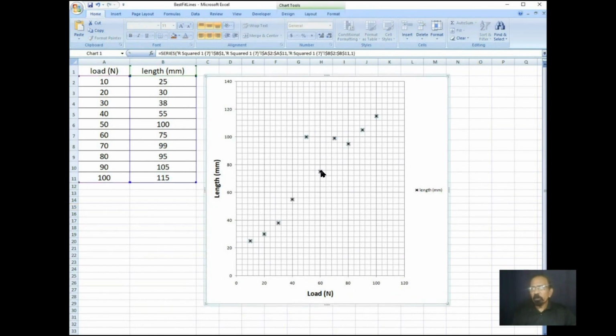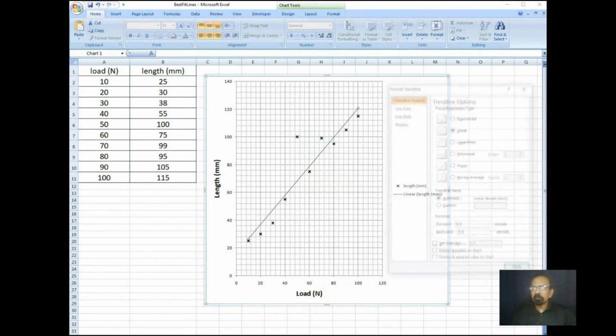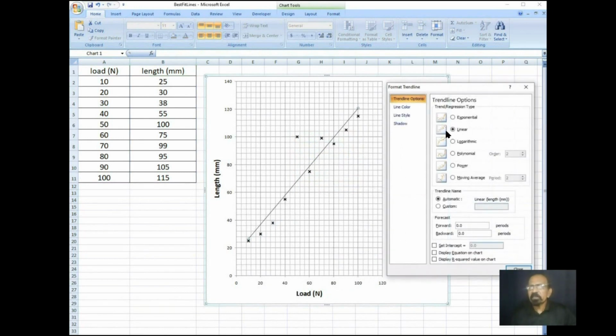So you go back to those points, right click again, and go to add trend lines. When you go to add trend lines, this box here comes up and you could have different trend lines. We already have it set on linear, which is the one that we want here.